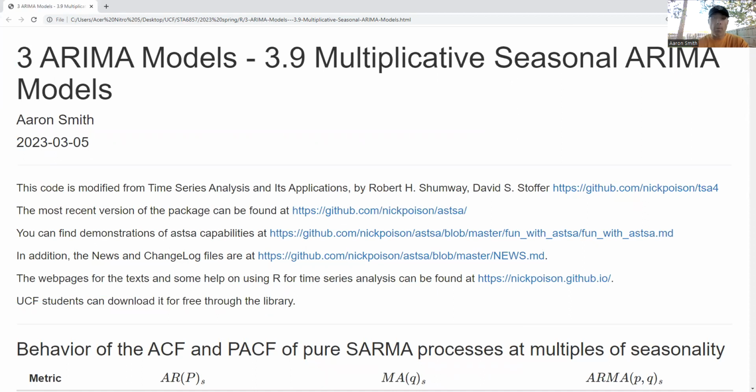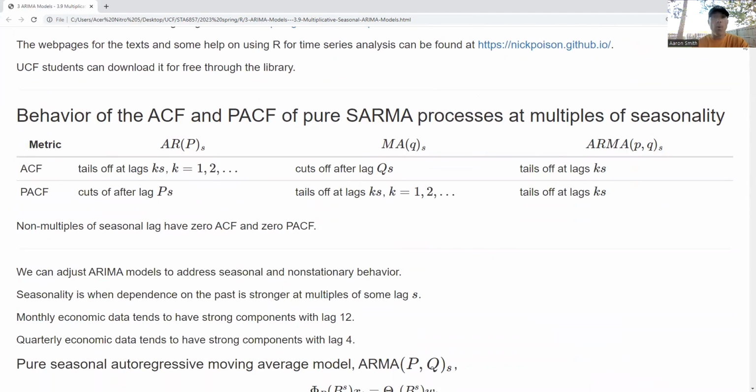All right, so an important table for this. This is very similar to the one I showed before for regular autoregressive and regular moving average. Using my subject matter knowledge of what a season should be, how long it should be, I'm going to look at my ACF. I'm going to look for a seasonal cutting off for the ACF or a seasonal PACF cutting off to indicate if I should have a seasonal autoregressive component or maybe a seasonal moving average component.